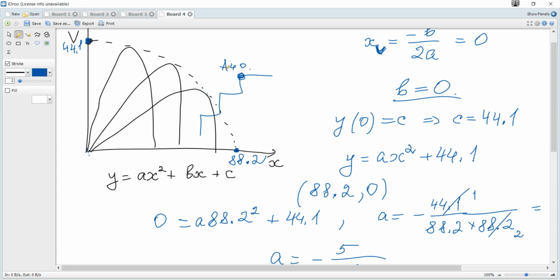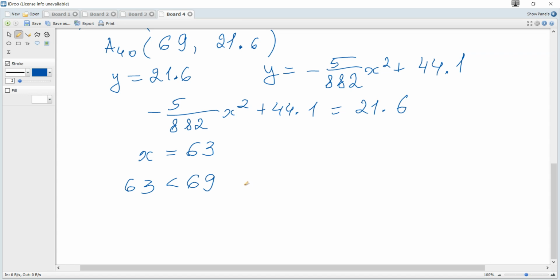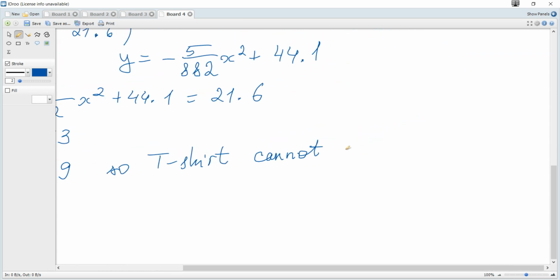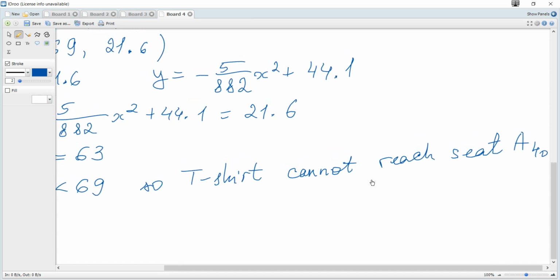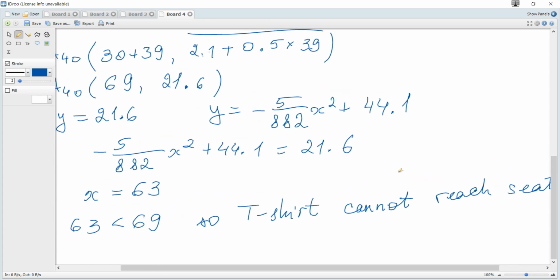It means that A40 has some y coordinate, but the x coordinate is different, so it is not on the curve, and hence the t-shirt cannot reach seat A40. And that's all for this question.